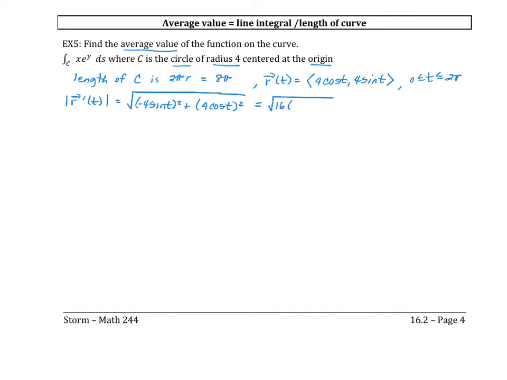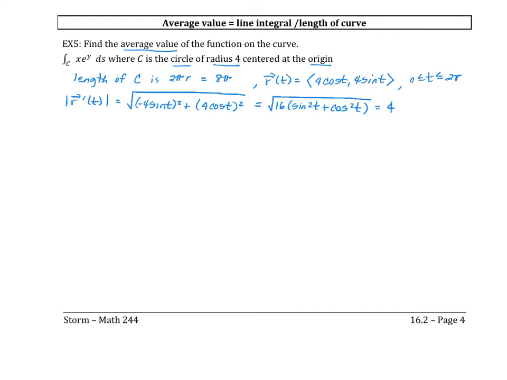And if I factor out the 16, it's sine squared t plus cosine squared t, which I didn't even have to write because you could probably see that sine squared plus cosine squared is just 1. So this is the square root of 16, which is simply 4.